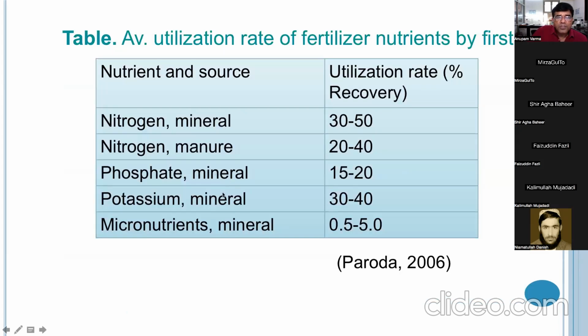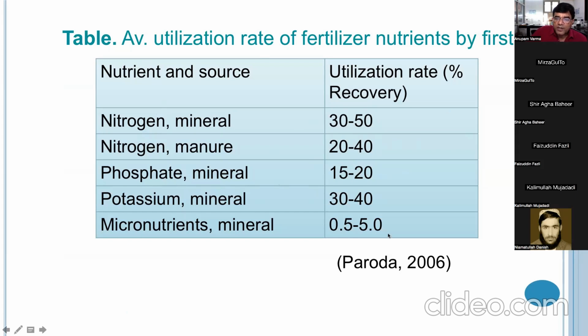Now if you see the recovery of the nutrients, it is very low. In the case of nitrogen from fertilizers, it is 30 to 50%. If it is from manures, the nitrogen use efficiency is low, 20 to 40%. For phosphorus, 15 to 20%. For potassium, 30 to 40%.